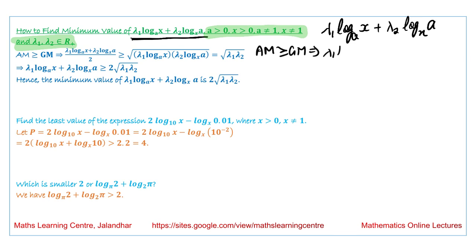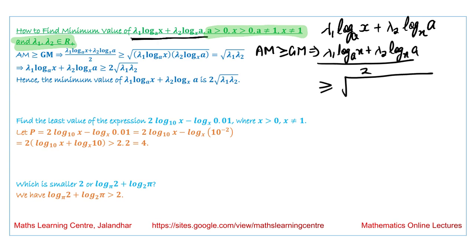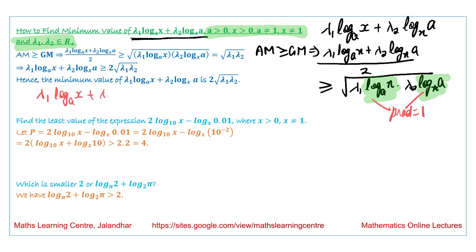So we are saying that arithmetic mean is greater than or equal to geometric mean. This implies that lambda 1 log x to the base a plus lambda 2 log a to the base x, divided by 2, is greater than or equal to the square root of lambda 1 log x to the base a into lambda 2 log a to the base x. Now look at these two terms, log x to the base a and log a to the base x. The product of these two terms will be equal to 1. So this numerator part is greater than or equal to 2 times the square root of lambda 1 lambda 2.